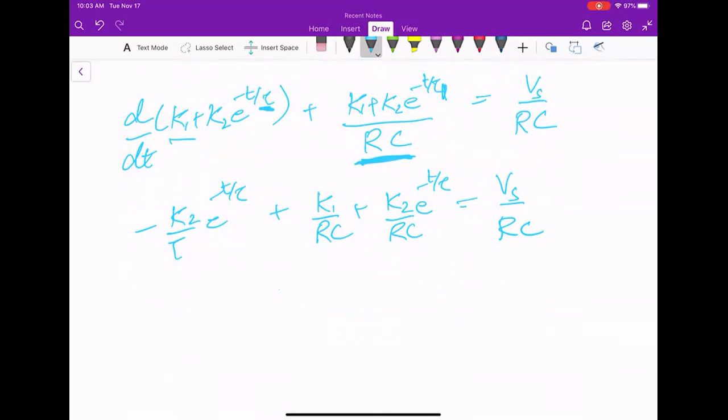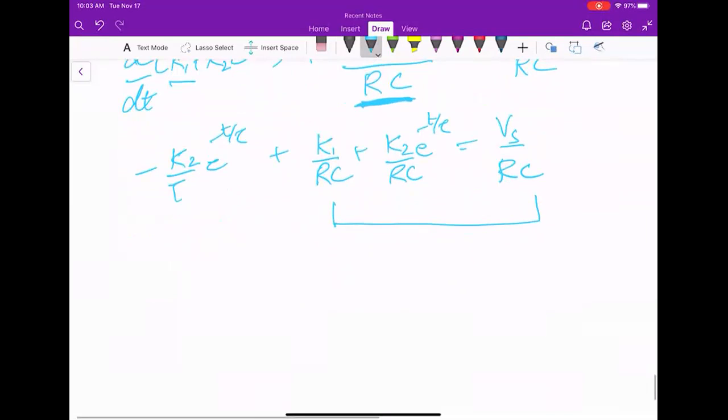I got this equation, and now if I see in this equation, you know that this and this and this are constants, right? So at t equals infinity, they will be equal to K1 by RC equals Vs by RC. Or if I equate the constant terms and exponential terms, then it will be like that.